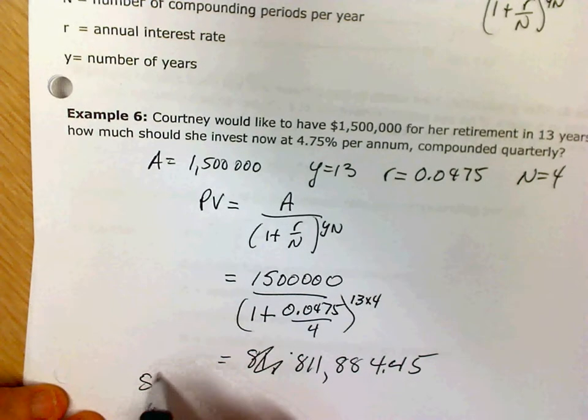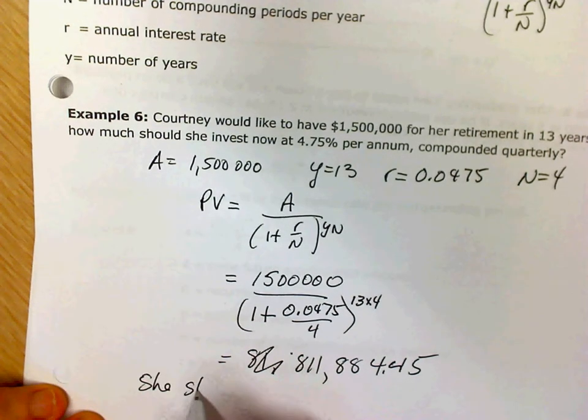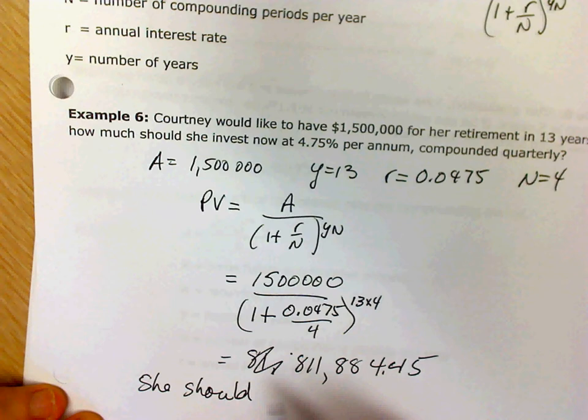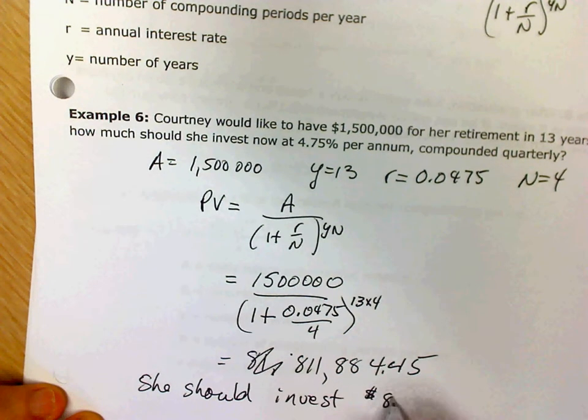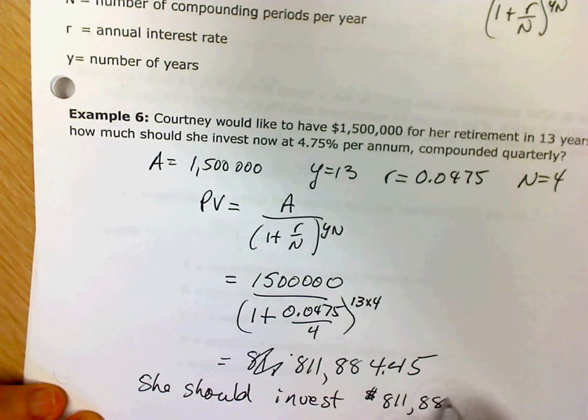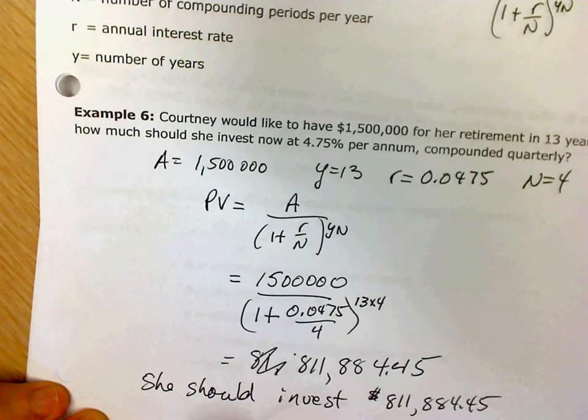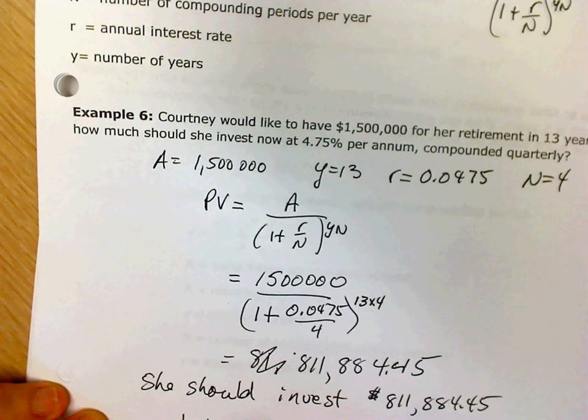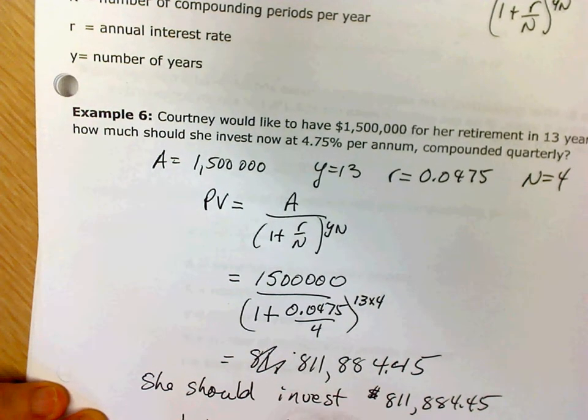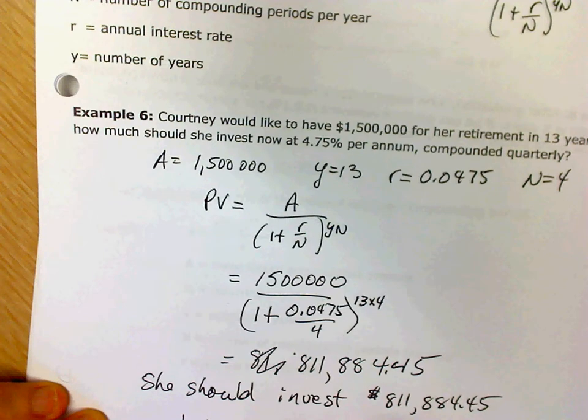She should invest 811,884.45 today to have 1.5 million in 13 years.